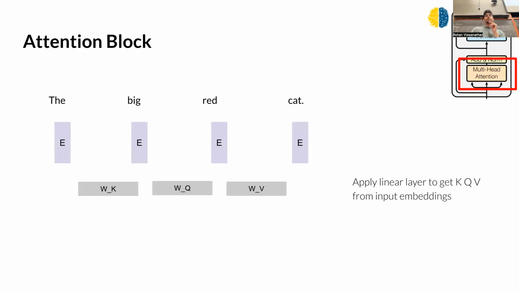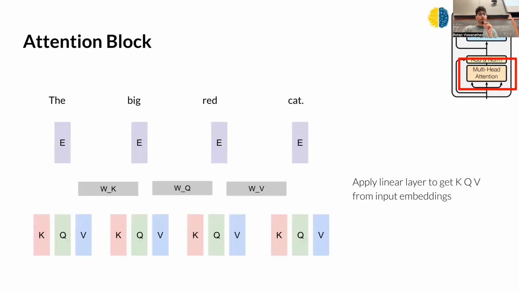And we can apply a linear layer to get these initial values from our input embeddings. Now, each embedding has a respective K, Q, and V, where we have a key, a query, and a value. And this value matrix, you can think of it as our output from this dot product operation. Our query represents our embedding, and the key represents what we're comparing or what we're looking up from other parts of the sentence.